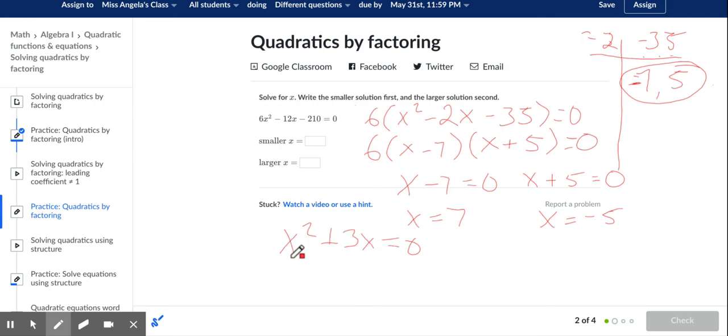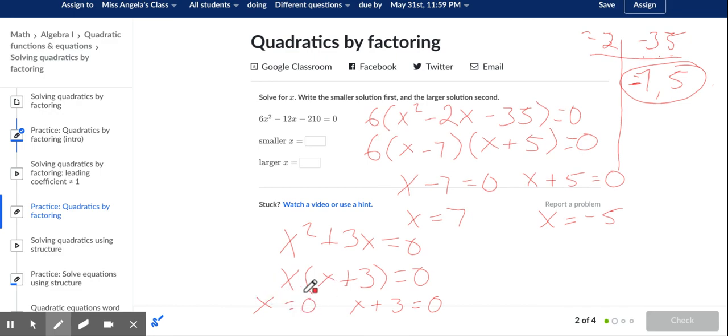I can factor out an x, so I have x times x plus 3 equals 0. Then I still have 2 equations because this has a variable in it: x equals 0, and x plus 3 equals 0.